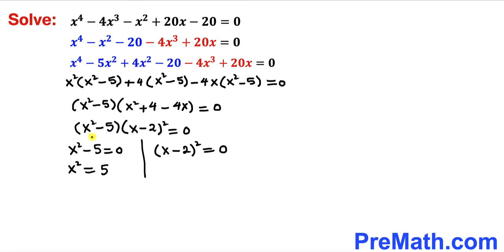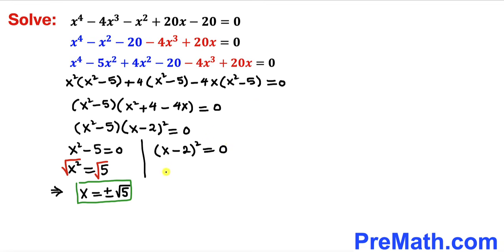I'm going to undo this square by taking the square root on both sides. So our x value for this first equation is going to be equal to positive or negative square root of 5.